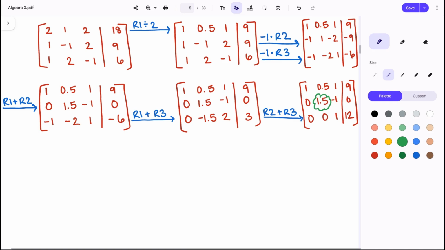Again, if you're okay with working with decimals, we could divide by 1.5 on that row. It's not going to impact a lot of them because some of them are already zeros. So it's not really going to change anything there. So let's go ahead and I'm going to draw this out again. I'm not changing anything to my first row.